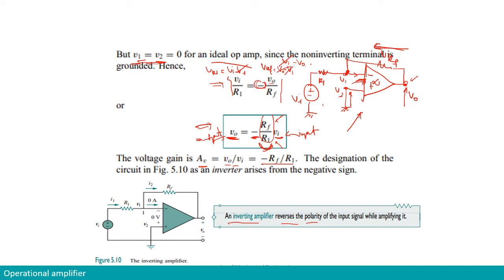If the input is positive, the output gets a negative sign, and while amplifying, it's minus with a certain gain, which of course equals minus RF over R1. So that's the inverting operational amplifier.